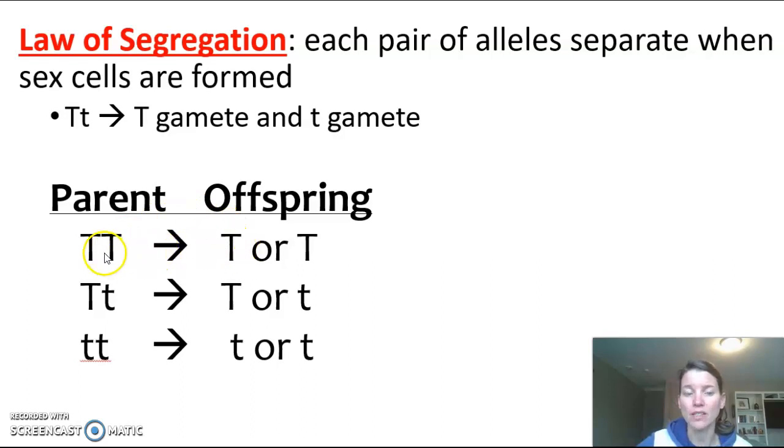Each gamete only gets one of those letters, so each sperm or egg cell would only get one capital T. Same here, you have big T, little t: half of your sperm cells would get the big T, half would get the little t. So of your pair of alleles, the gametes being made only get half of that set. They're split apart, segregated out when gametes are being formed.